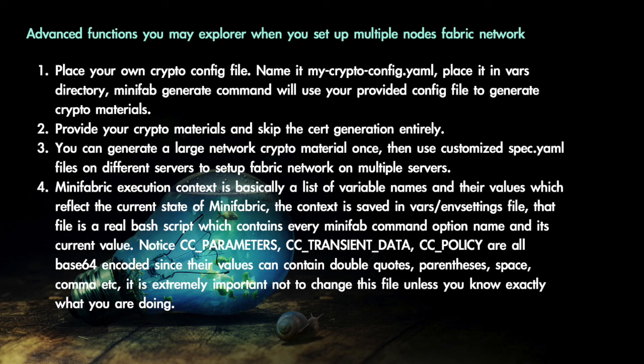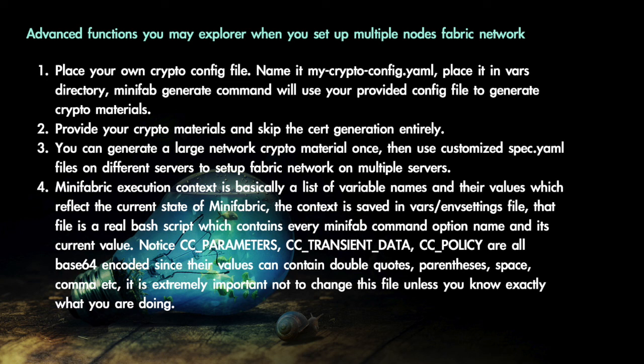Minifabric has this execution context concept, which is basically a list of variable names and their values that reflect the current state of Minifabric. The context is saved in the vars envsettings file. That file is a real bash script which contains every minifab command option name and its current value.